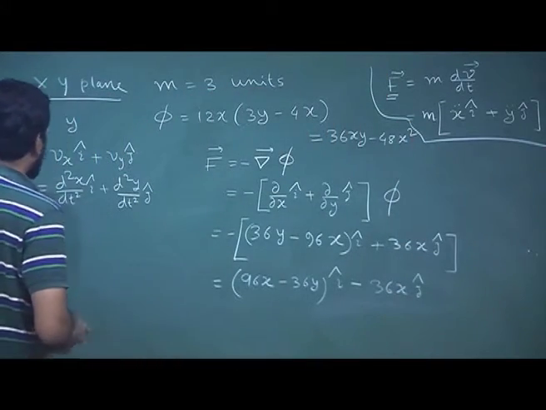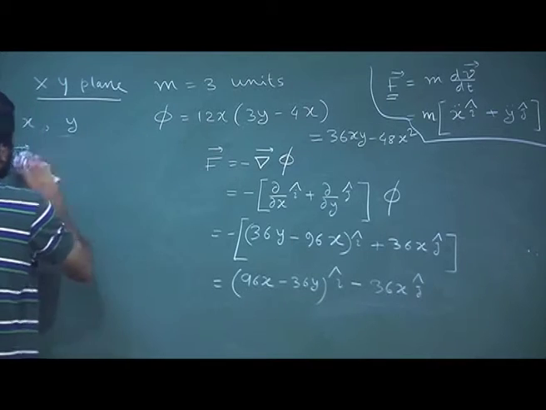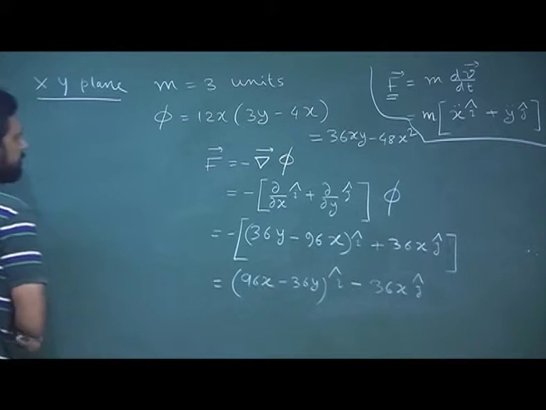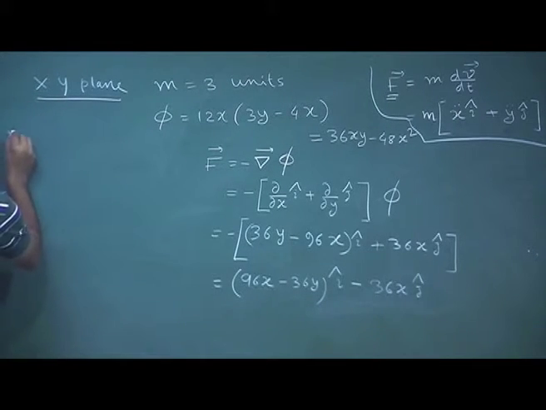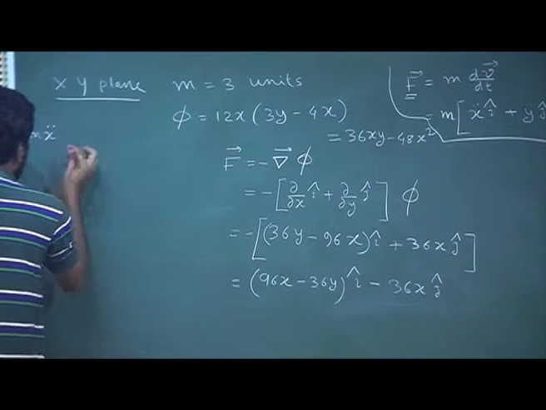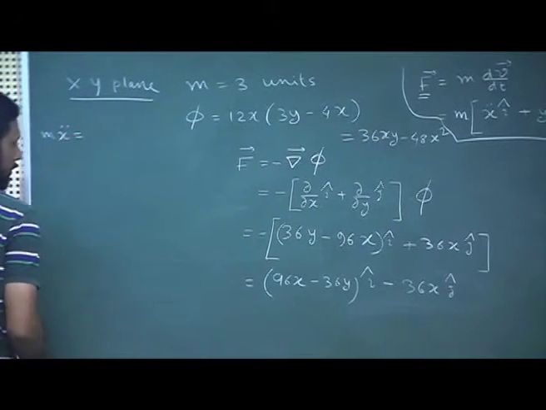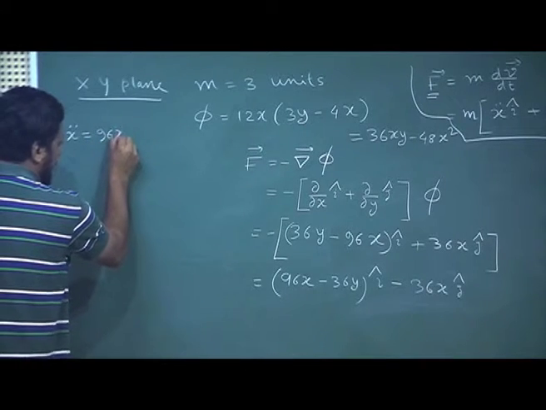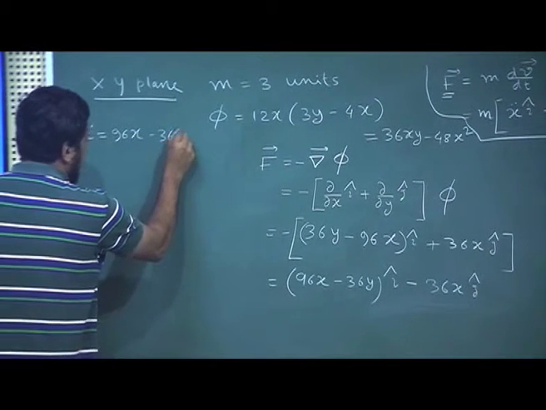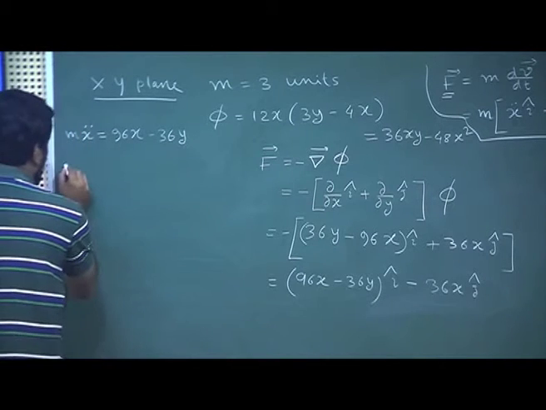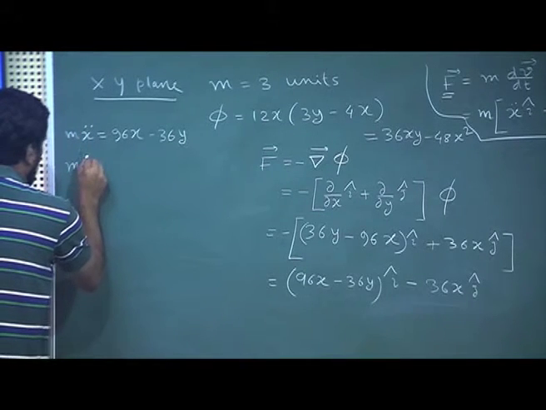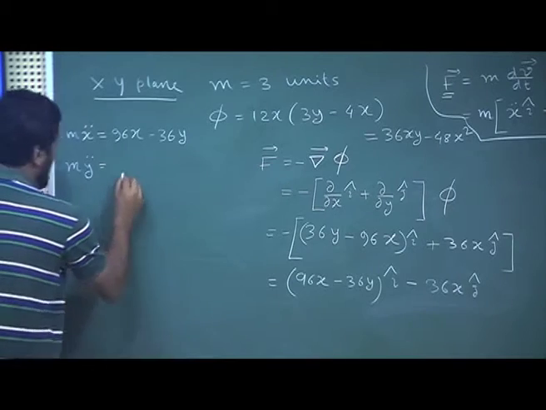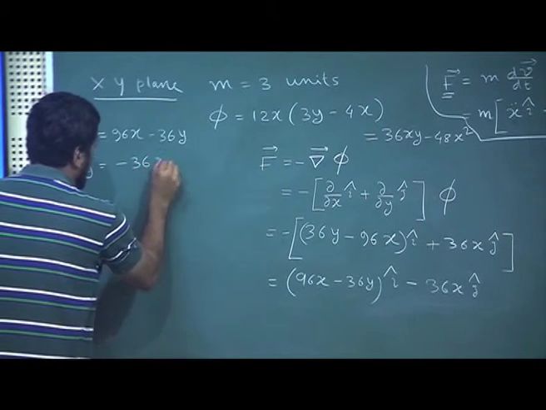So, what do we get? We get two equations of the form m x double dot equal to 96 x minus 36 y, and m y double dot is equal to minus 36 x.